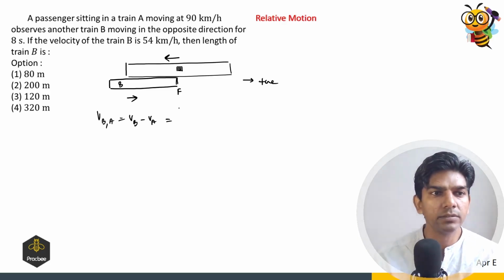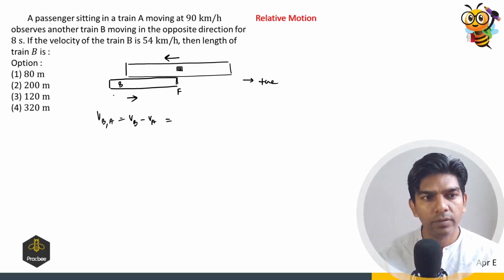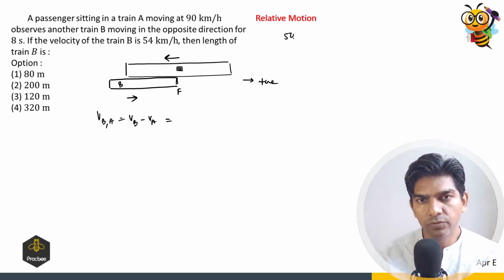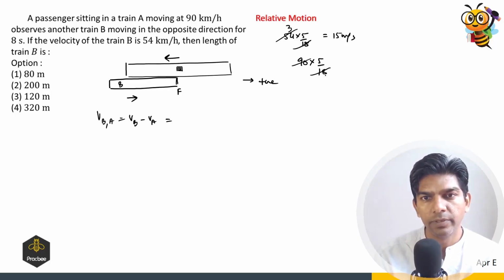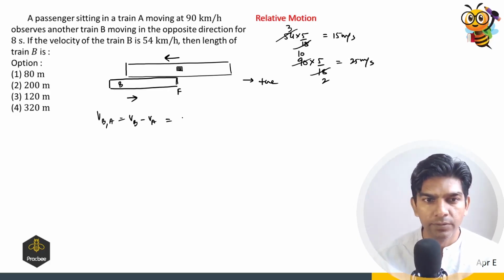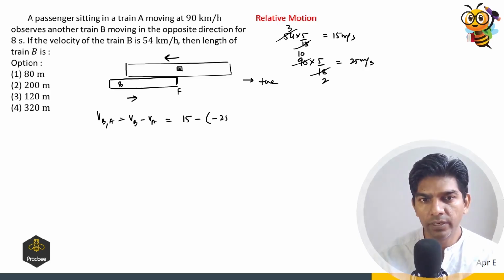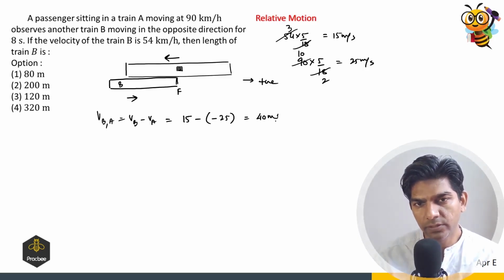VB is 54, and we have to find the answer in meters, so let me convert 54. 54 times 5 by 18 is 15 meters per second, and 90 converted is 25 meters per second. So VB is 15 minus of minus 25, that will be 40 meters per second.